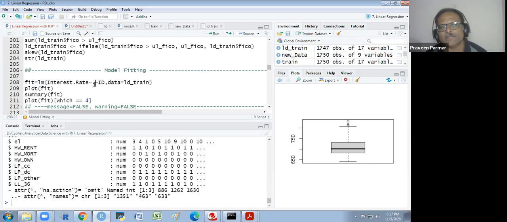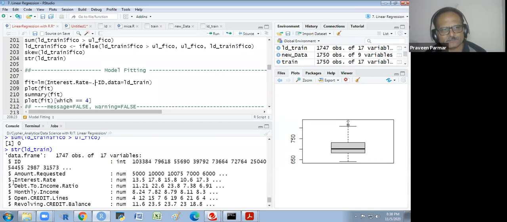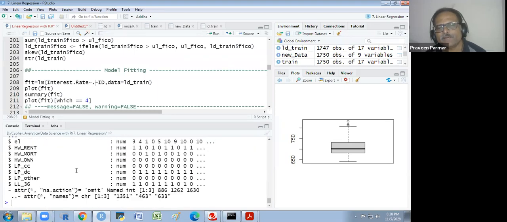Dot means the remaining variables; whatever remaining variables except this, all are independent. Got it?